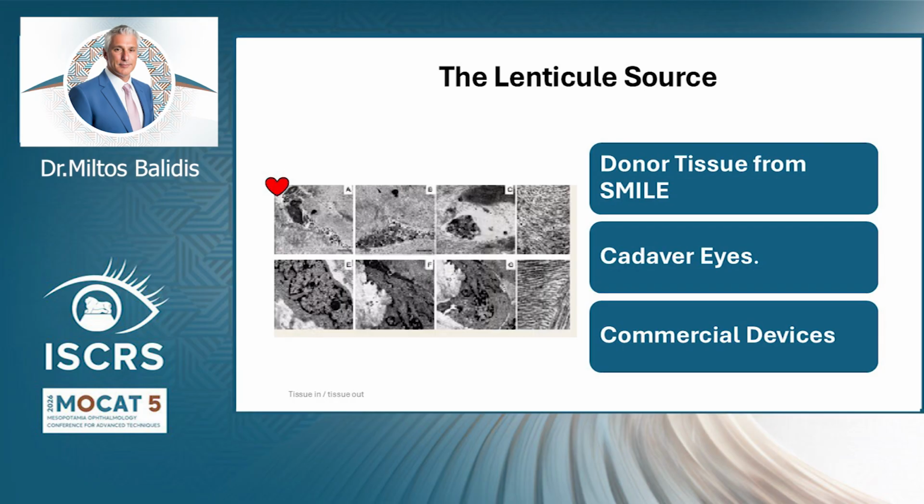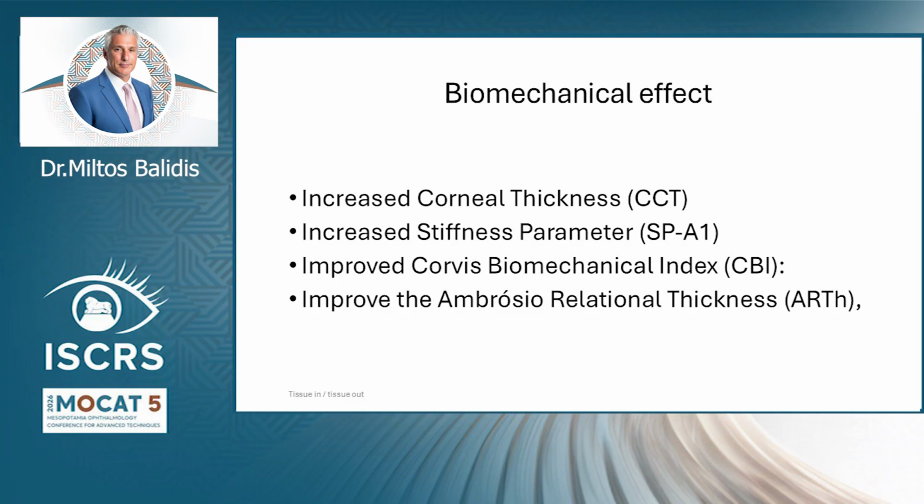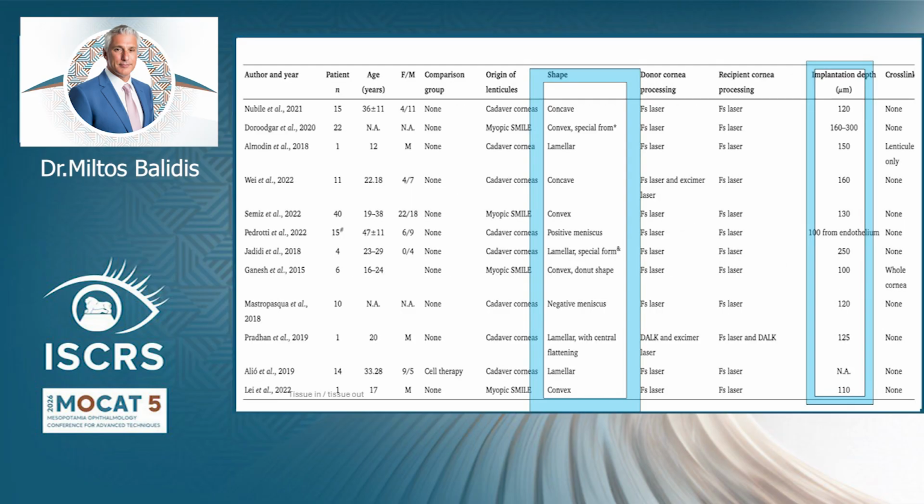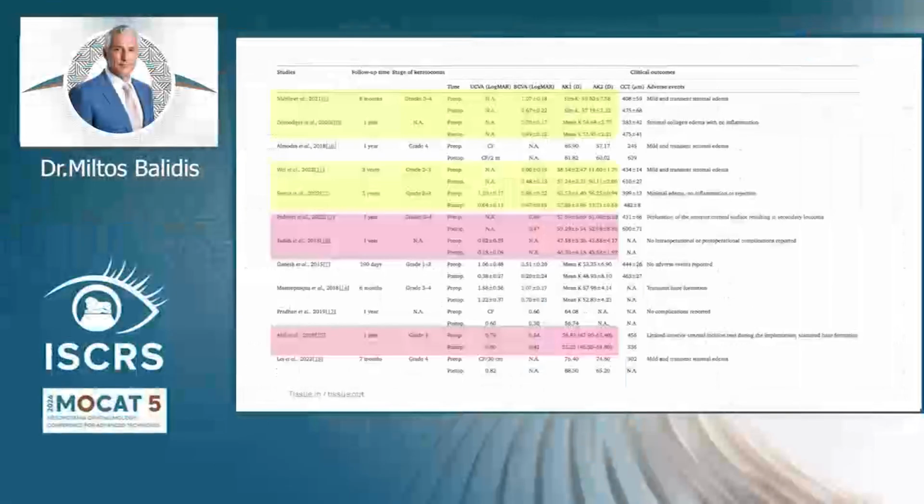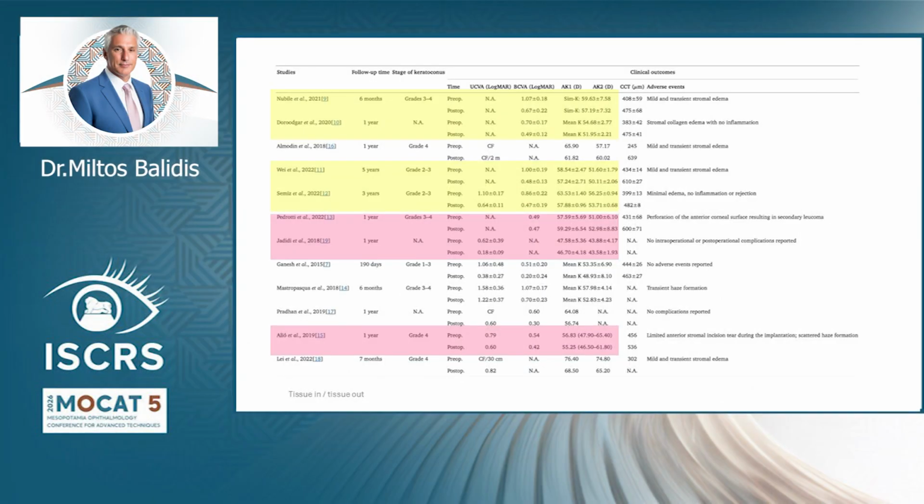Of course, you have some other possibilities like customizing that. With effective light, we can improve it, and with cross-linking as well. So there are good things and bad things with the lenticule, either with the standard lenticule or with a small lenticule intrastromal. The donor tissue comes usually from the SMILE or cadaver eyes.